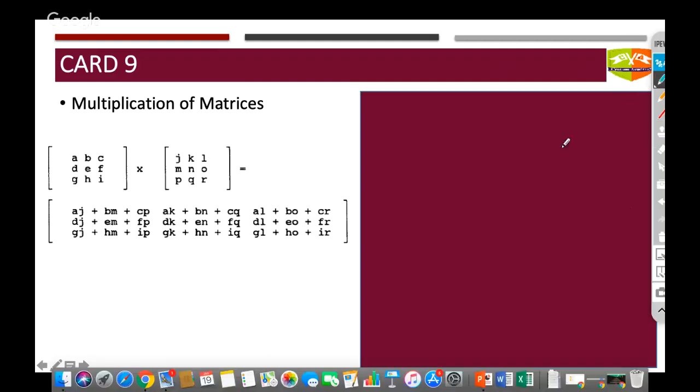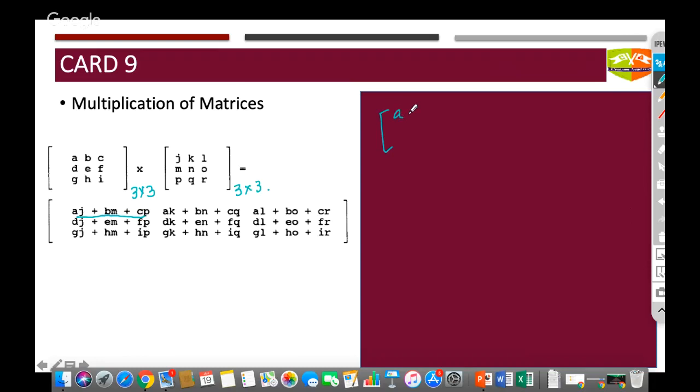Now let me move to another topic, which is multiplication of matrices. Let's discuss the process of multiplication of matrices. I have taken a 3 into 3 matrix here, and a 3 into 3 matrix here.